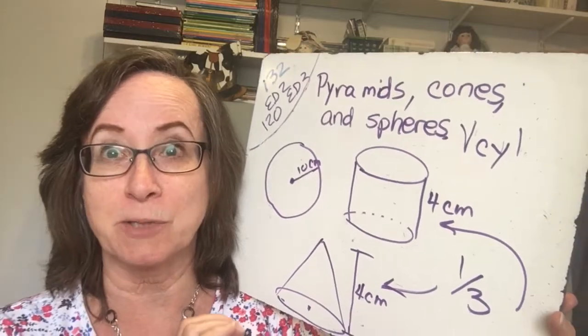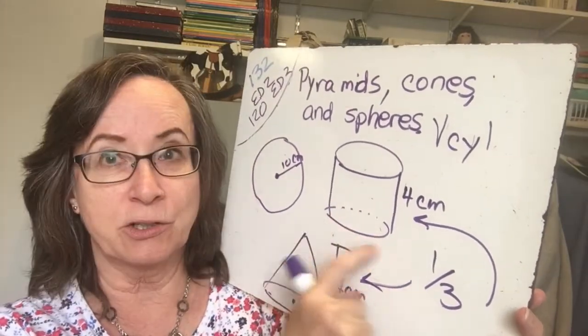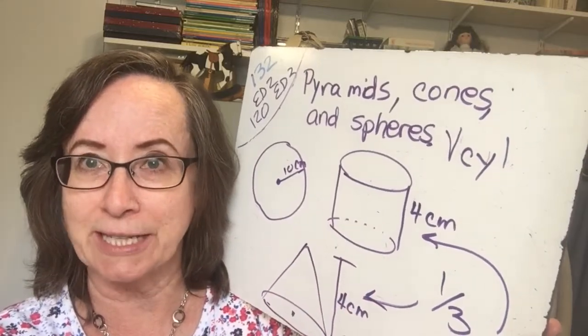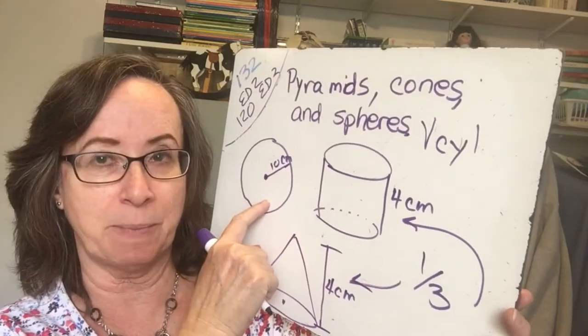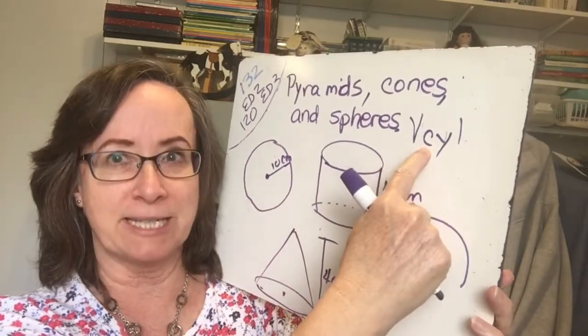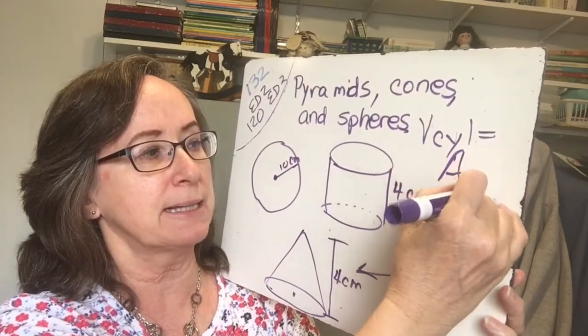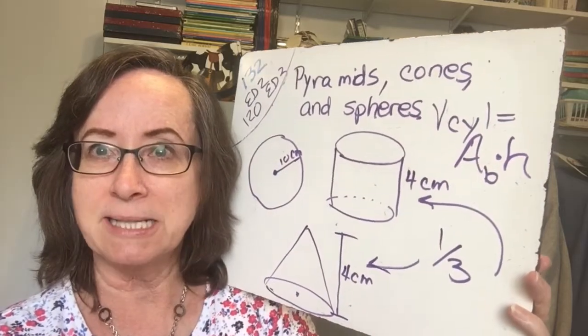We call those prisms too. Or we could have cylinders that have circular bases, and we usually call those circular cylinders. So we have a circular cylinder. It has this for the base. The volume of every cylinder is area of the base times the height. Area of the base times the height.